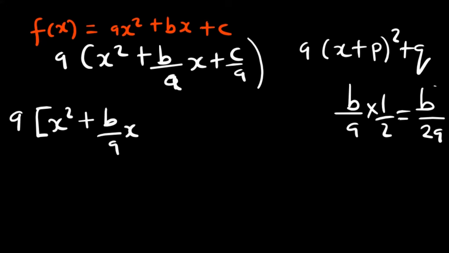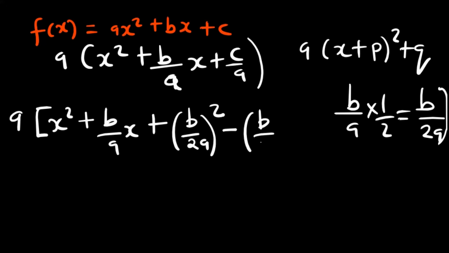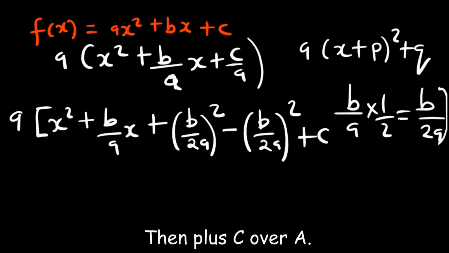Now this half, we're going to square it, subtract and add it. So in this case, I'm going to say plus, you are saying it is b over 2a. We're supposed to square it, and we're also supposed to subtract it. So that is b over 2a squared. So I've added it and I've subtracted it, the half that we found. Then plus c over a.